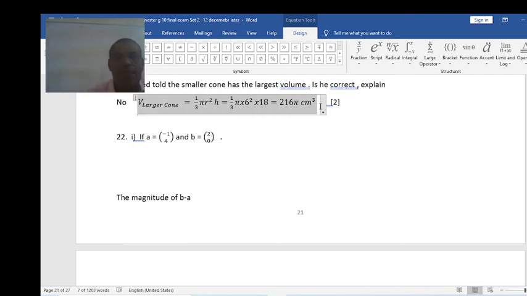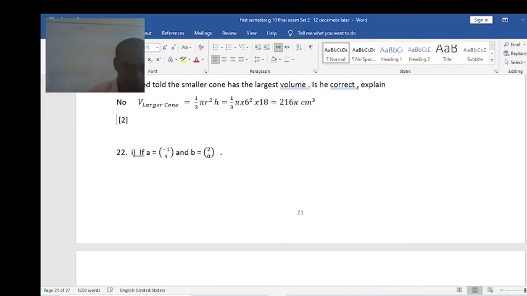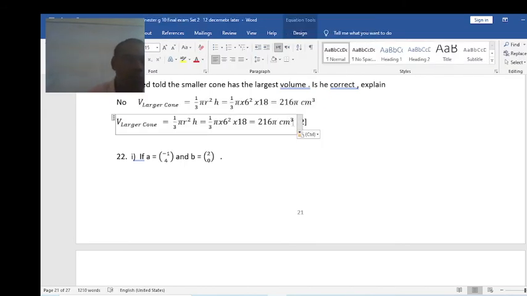Copy and paste. Now we move to the volume of the smaller cone. It will be the formula. Then this is, it will be 2, multiplied by 6. Okay, it will be 8.